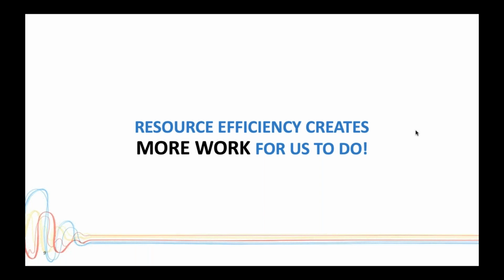And I should qualify that and say that too much resource efficiency creates more work for us to do in terms of additional meetings, additional tracking, additional things, which lean people like to call waste, right? It creates waste. So by being what we call quote unquote efficient, we're creating waste. And so this can't really be what lean's all about, because lean's supposed to be about removing waste. And yet people are saying, no, but it's about efficiency.